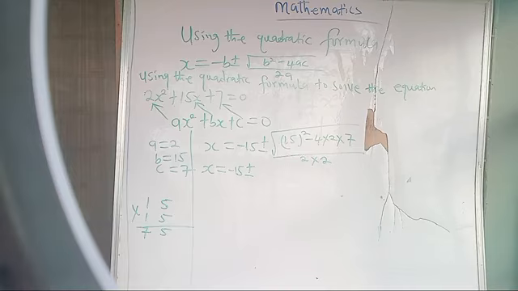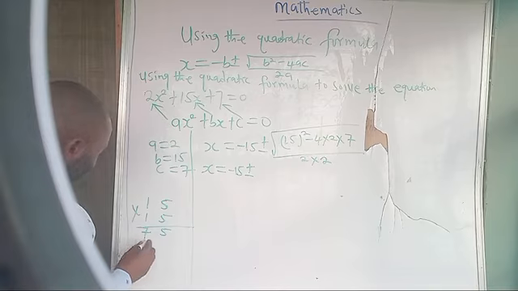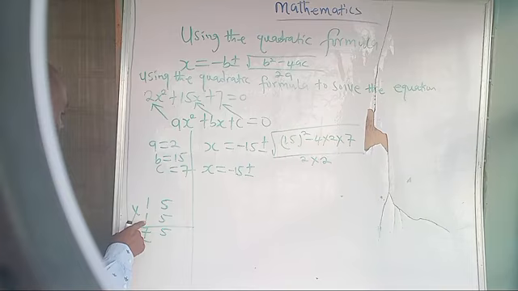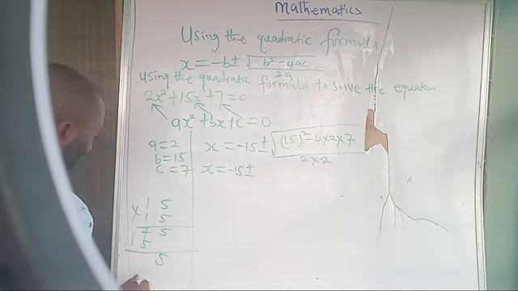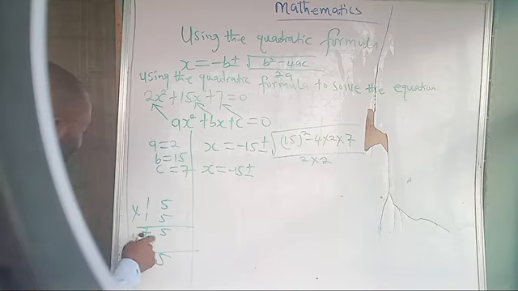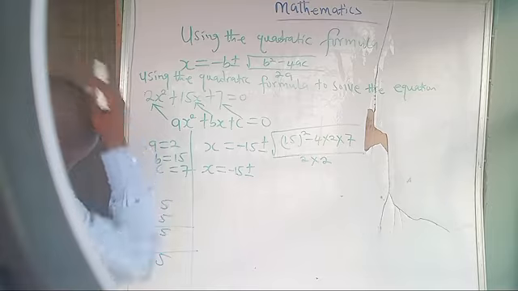Then 1 times 5 is 5, and 1 times 1 is 1, so 5 plus 7 plus 5 is 12.